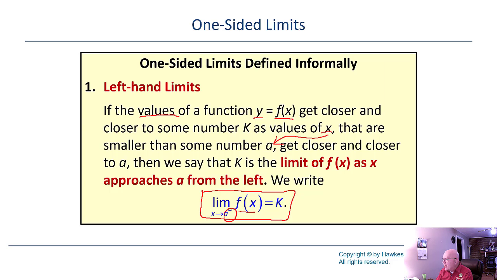But it isn't actually getting to a, it's getting closer and closer until you need an electron microscope to see how close it is, but not there. What we're saying is if it approaches from the left, that's what this means, the y value is getting close to what? Well, we're just using k for that one. Some places say y approaches L, because L for limit.